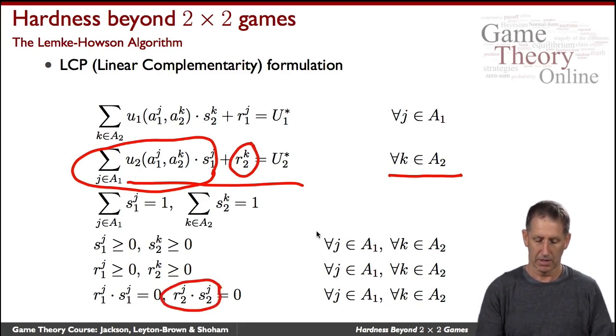In other words, the probability that they play J is non-zero just in case the slack variable is 0.